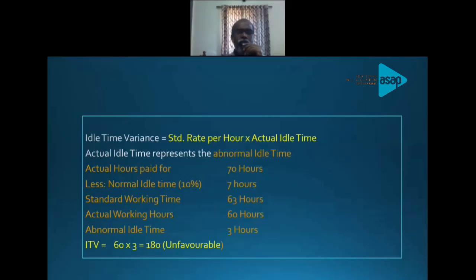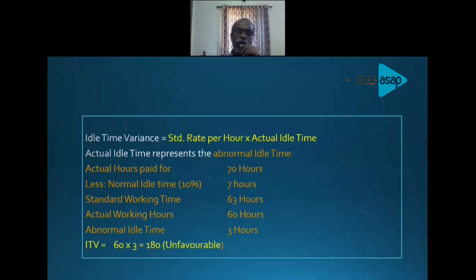So the standard working time is 70 minus 7, that is 63 hours. Actual working hours is given in the question as 60 hours. Therefore, abnormal idle time is 3. For abnormal idle time, we are taking the difference between standard working time and actual working time. Standard working time is 63 hours and actual working hours is 60 hours. The abnormal idle time is 3 hours.